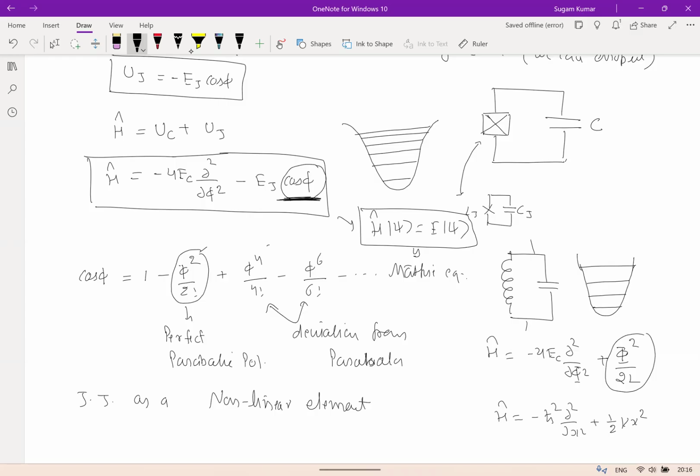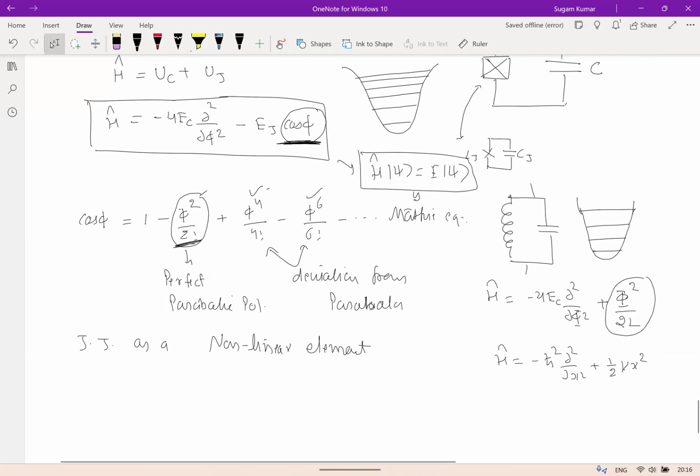In this case, the potential is not quadratic. It is going to have terms of order 4, 6, 8, and so on. And we also call the JJ a non-linear element.